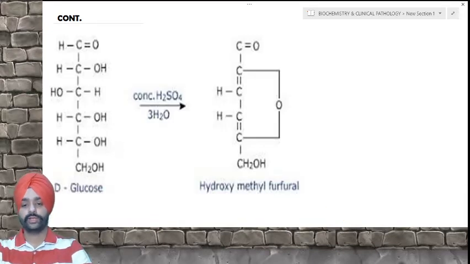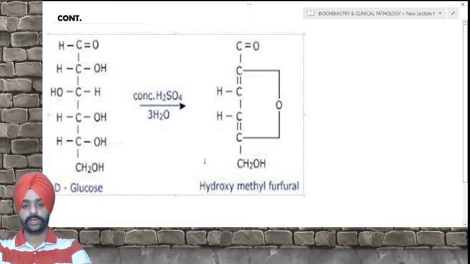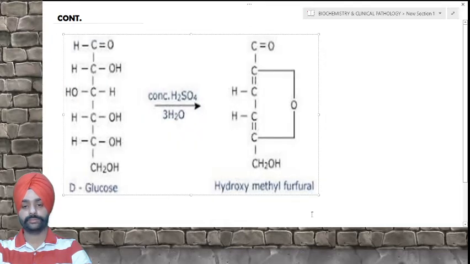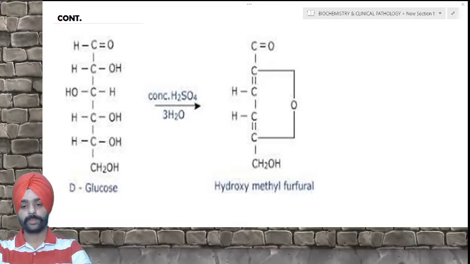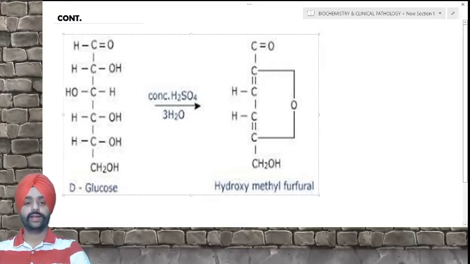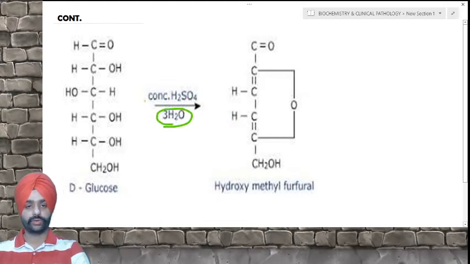Now here you can see the reaction that is occurring. You can easily see that in presence of concentrated sulfuric acid, the 3 molecules of water are lost.